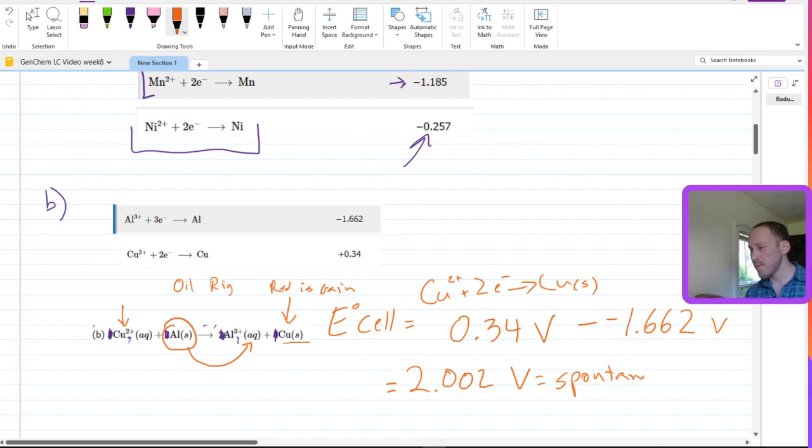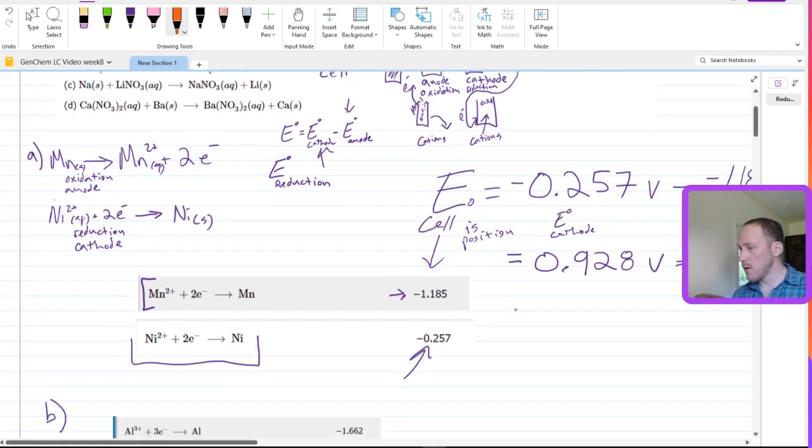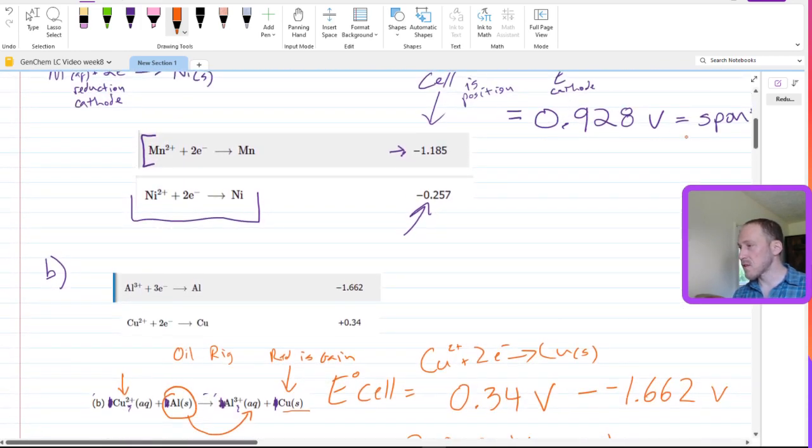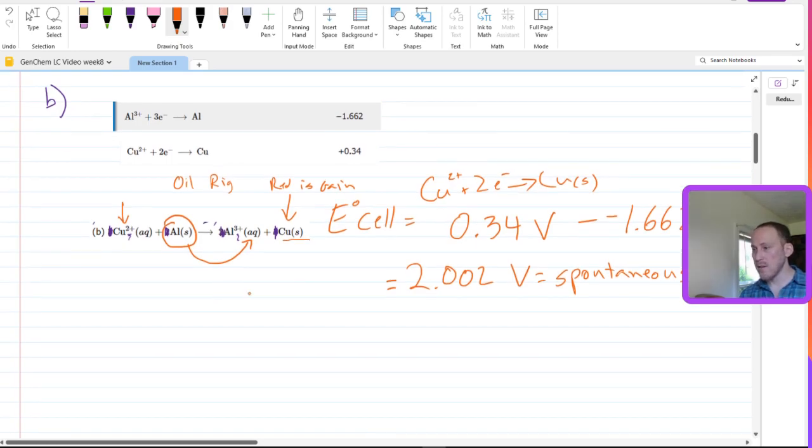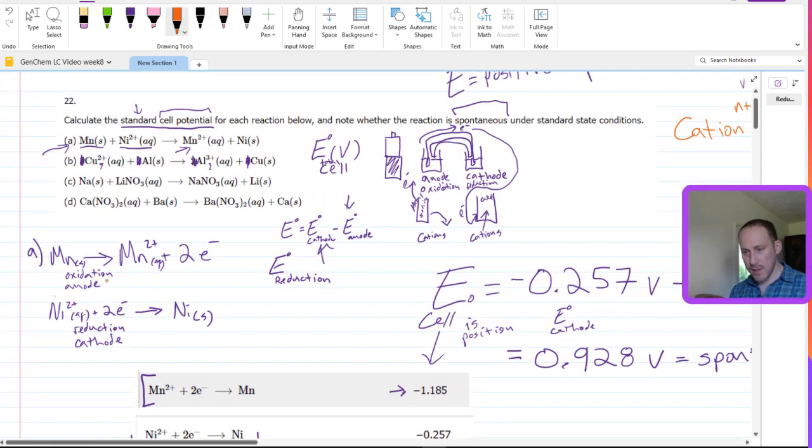That one is going to happen. Again, so far our nickel manganese battery, it would happen. You get a little bit less electric potential out of it. This one has more. So a copper aluminum battery is maybe a better way to go. Let's bust out the next one.